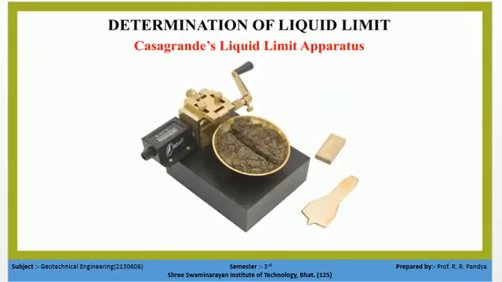Now, let's try to understand the determination of the liquid limit. To determine the liquid limit of the soil, we can use the Casagrande liquid limit apparatus. In the figure, you can see the exact model of the Casagrande apparatus.